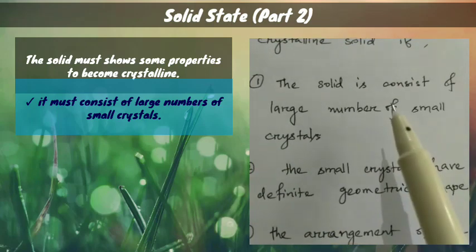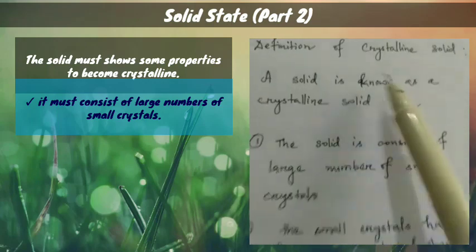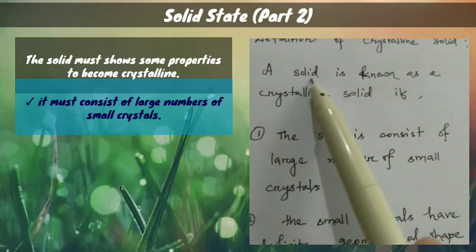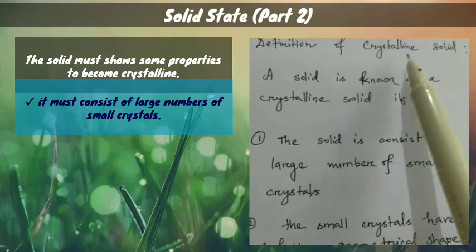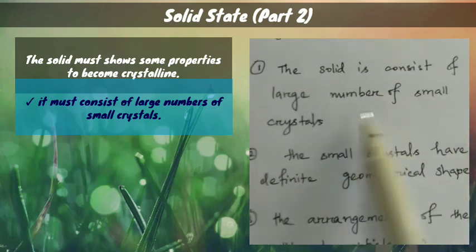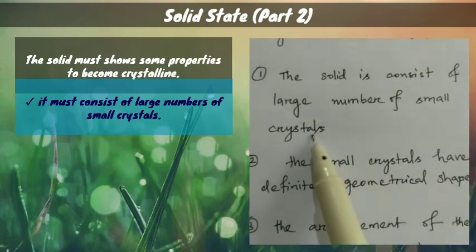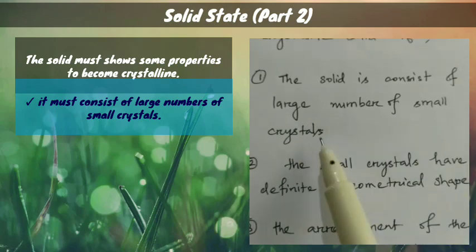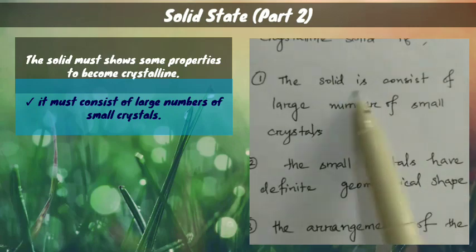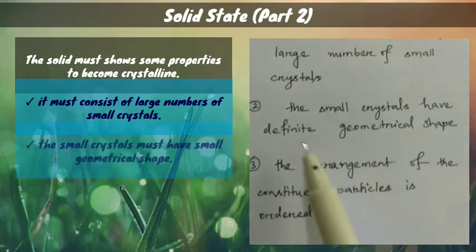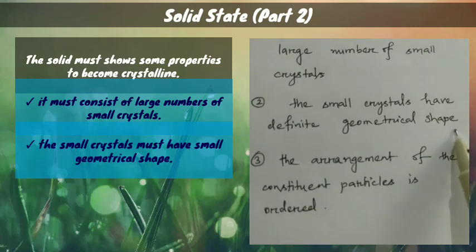So if the solid is a crystalline solid, then that solid must have a large number of small crystals, and the small crystals inside that solid should have some definite geometrical shape.